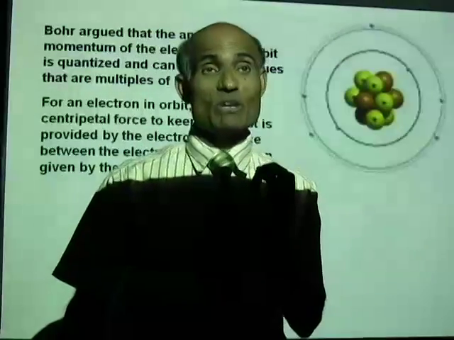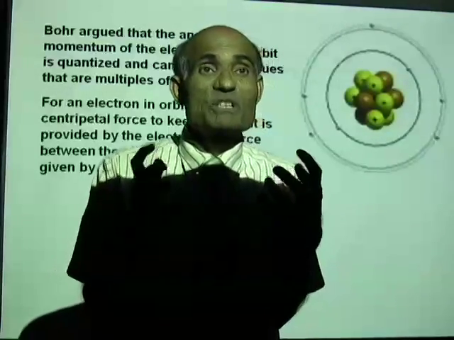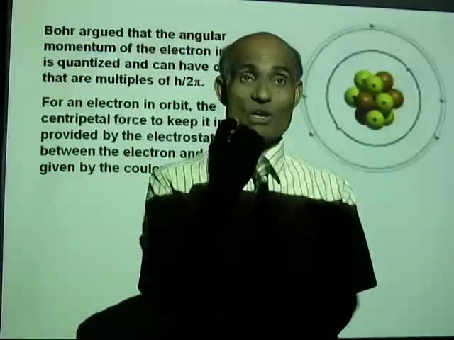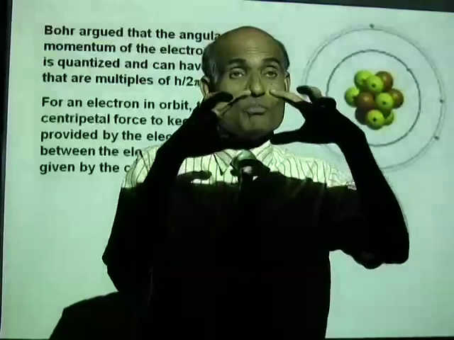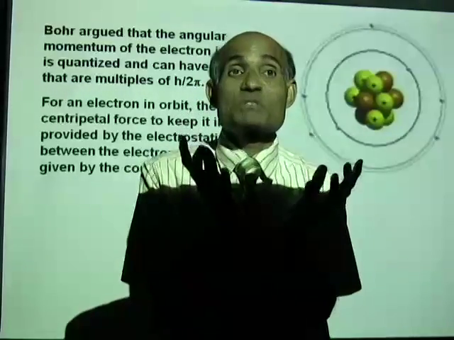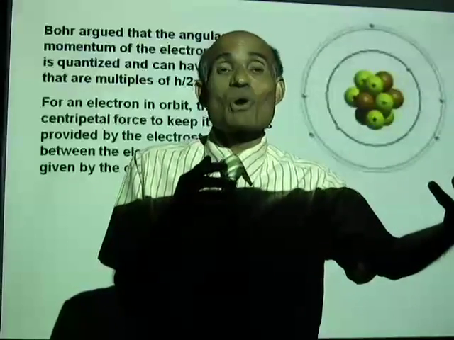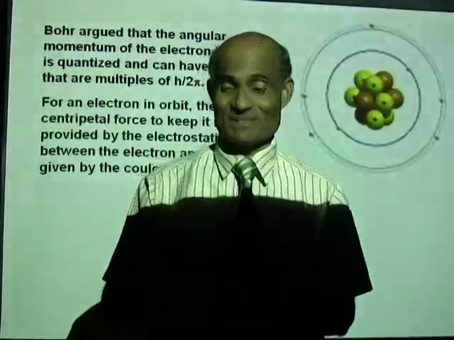Now, let me say one thing here. The model of the atom that Bohr developed is using specifically hydrogen atom. Now, hydrogen atom has one proton in the nucleus and one electron. So, Bohr model of the atom is specifically for the hydrogen atom. Later on we will see Bohr model actually breaks down when it comes to higher atoms.